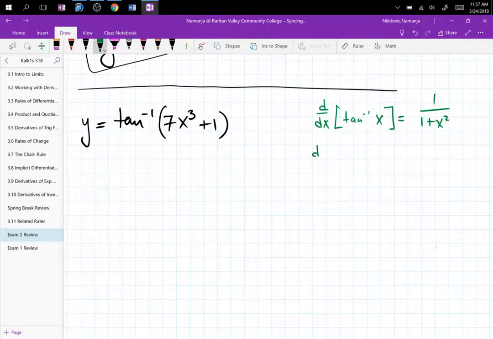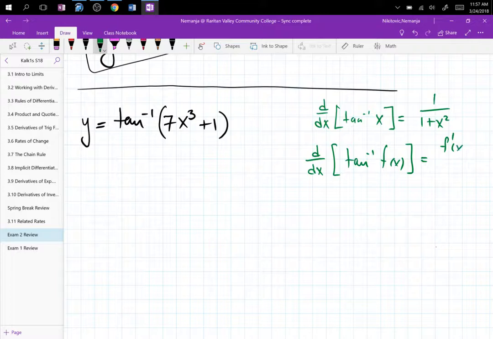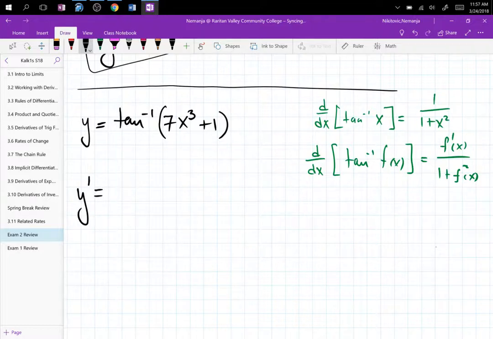But now we're going to go a step further and have tangent inverse of f of x, which is a function. In that case, you have f prime of x on top, in the numerator, and 1 plus f squared in the denominator. So you should be able to do this now. What's y prime equal to?